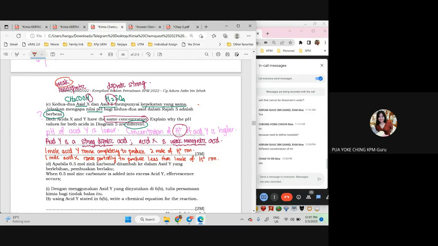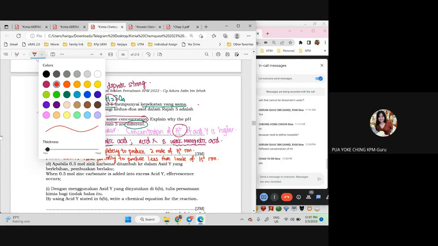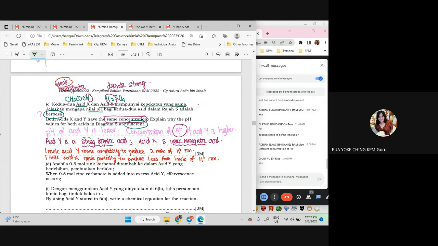Okay, so we need to be very specific where our answer is not only focused on strong and weak, but also di and mono.